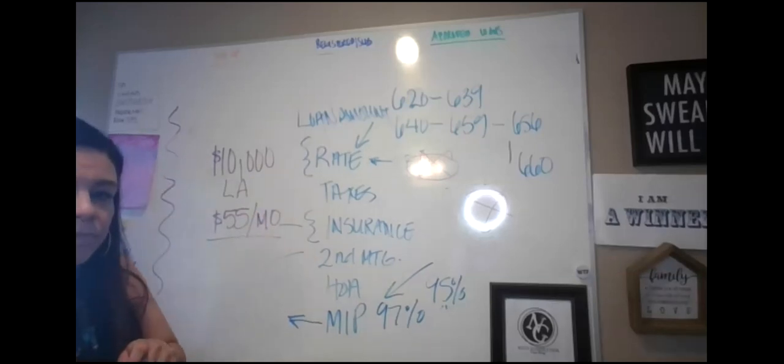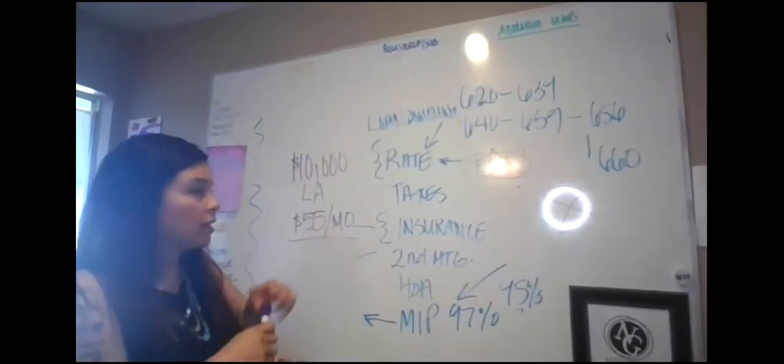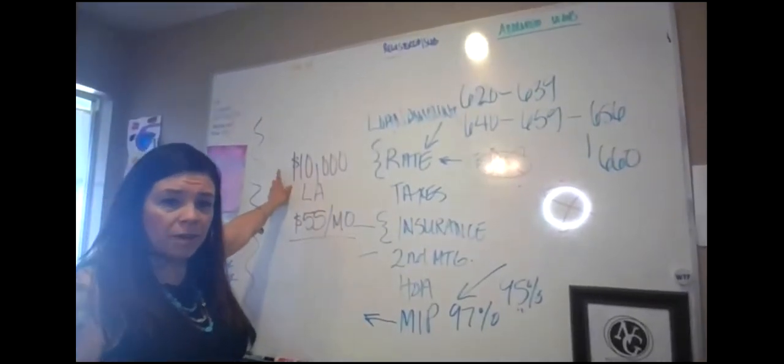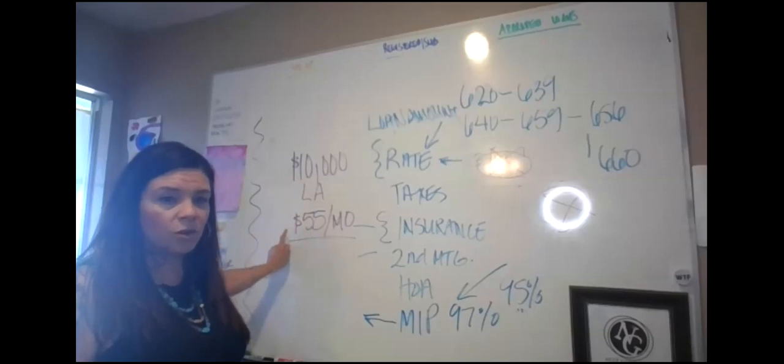On average, every $10,000 in loan amount is only $55 a month.